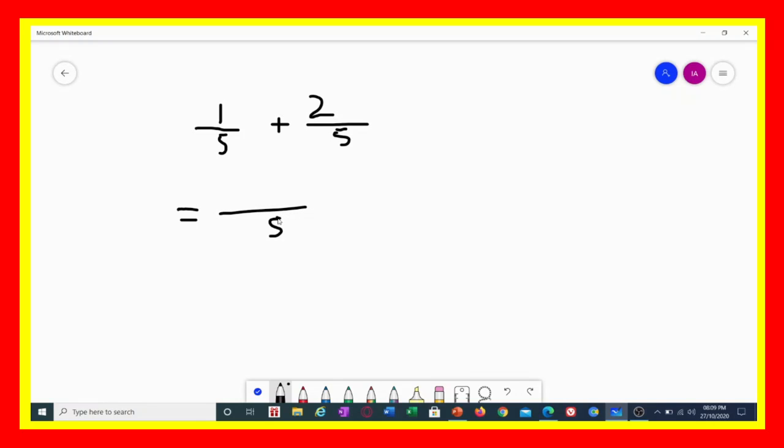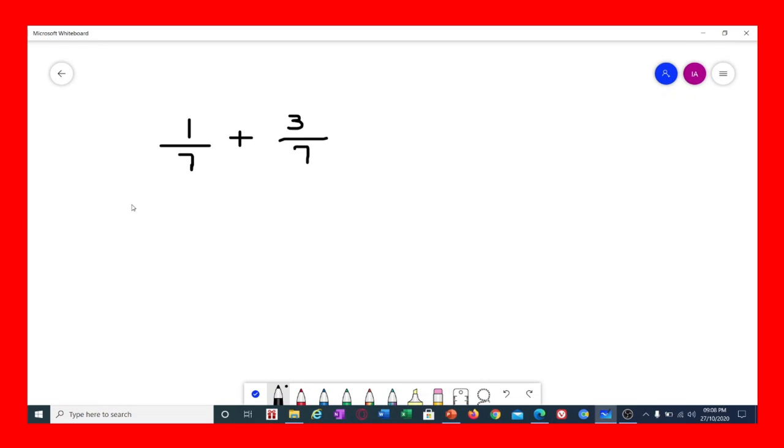We take 5 once and simply add the numerators, 1 add 2, and write down the final answer in the third step. So this is the way we add fractions when they have the same denominator. So 1 add 2 is 3, divided by 5, which was the denominator. So this is our final answer.